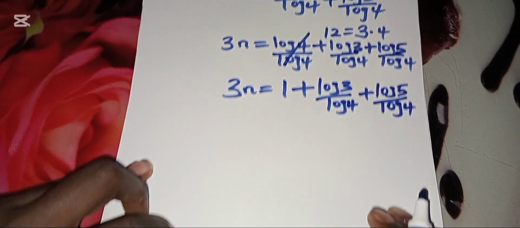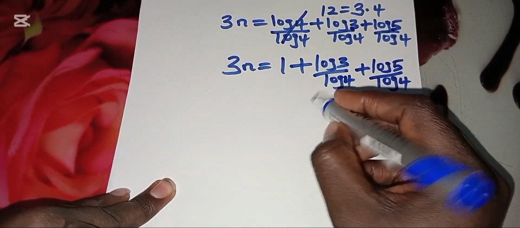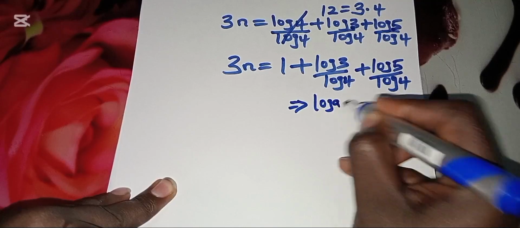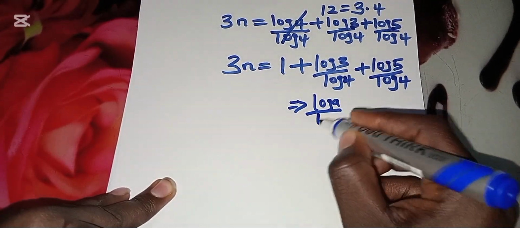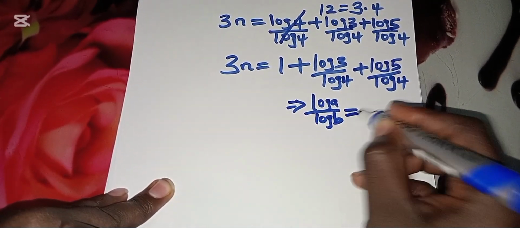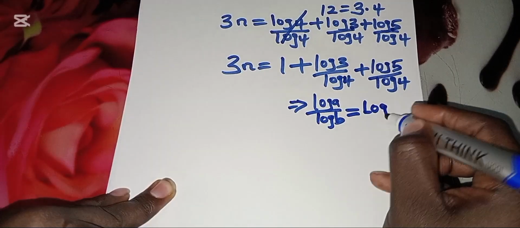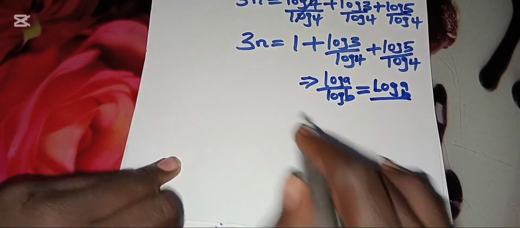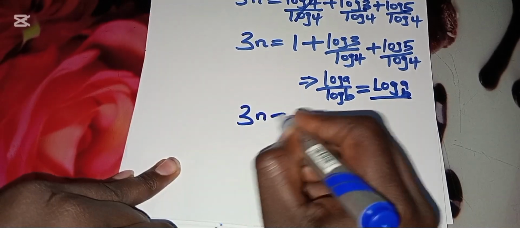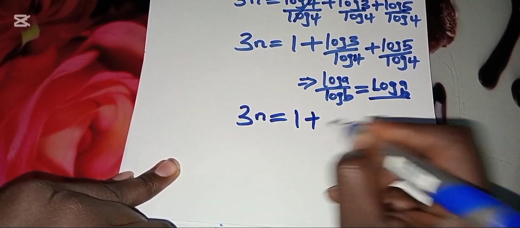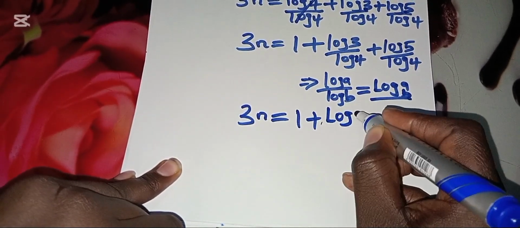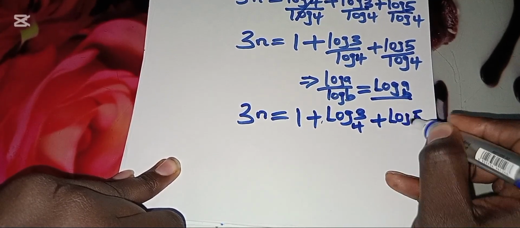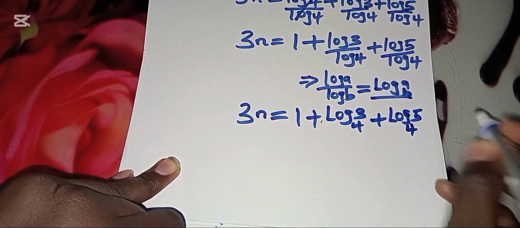Again, if you apply the identity that if we have log a divided by log b, this essentially can be expressed as log a to base b, now you're going to have 3n equal to 1 plus log 3 to base 4 plus log 5 to base 4.